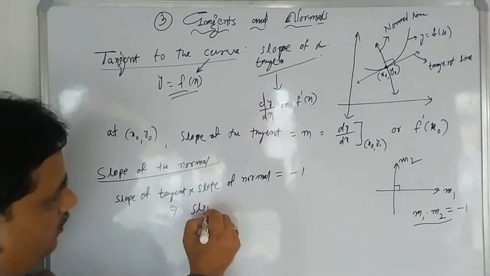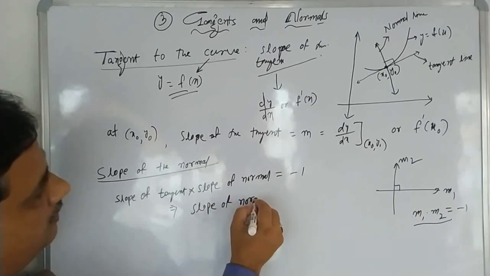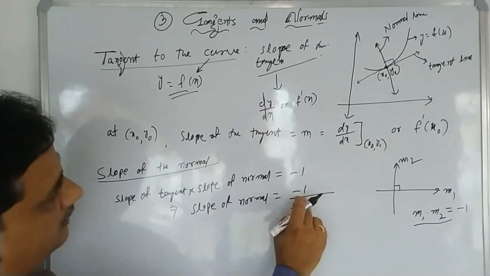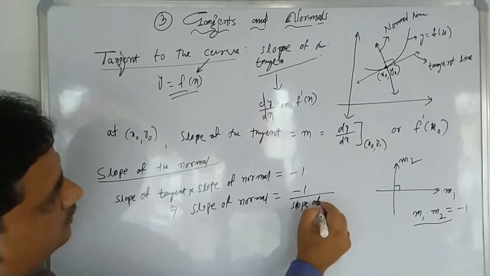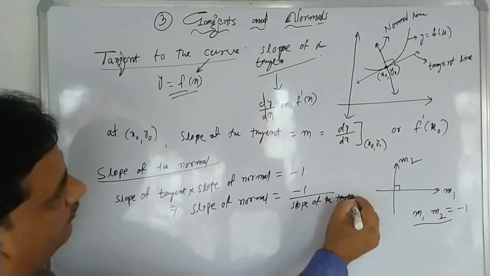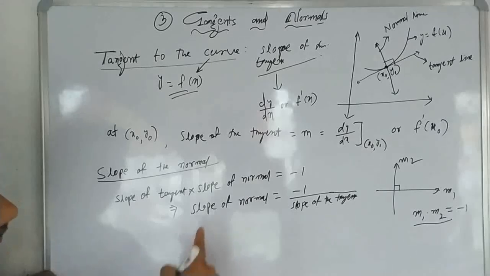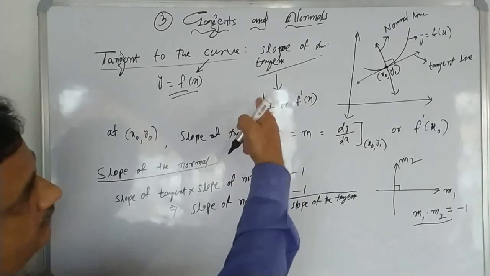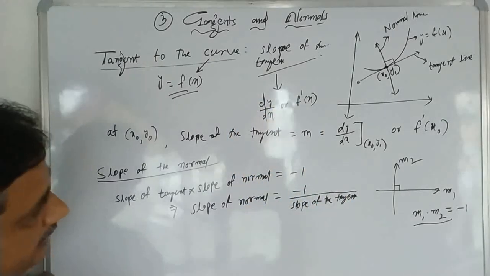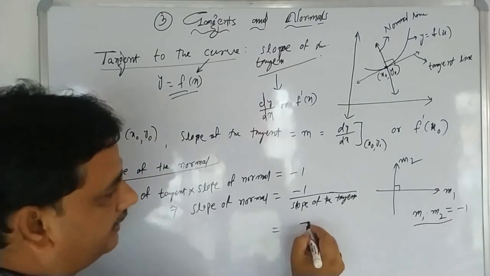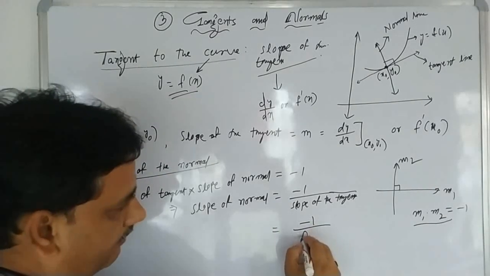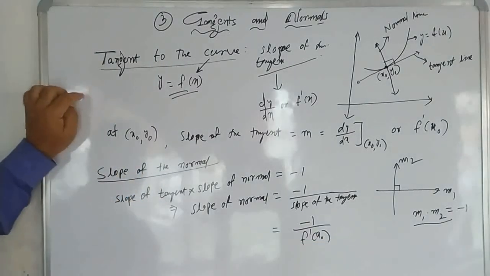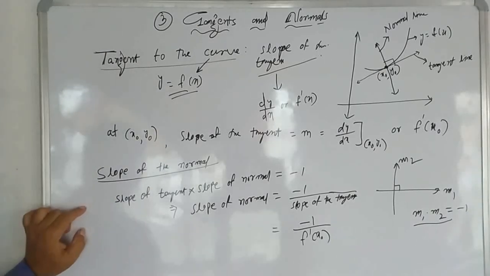This implies slope of normal is equal to minus 1 by slope of the tangent. So once you find the tangent dy by dx, the slope of normal is minus 1 by dy by dx. You can write it as minus 1 by f dash x0. So this is about your slope of tangent and slope of normal.